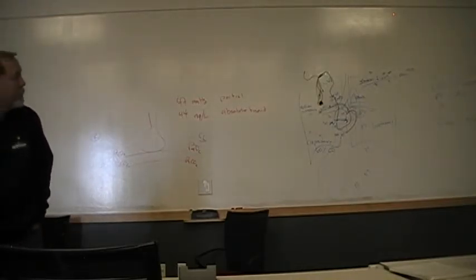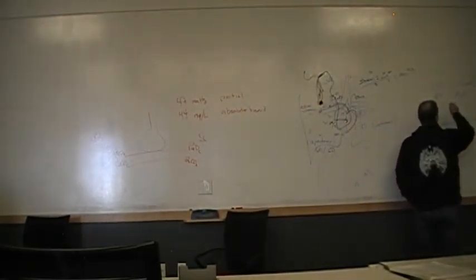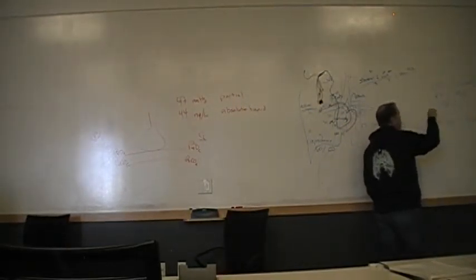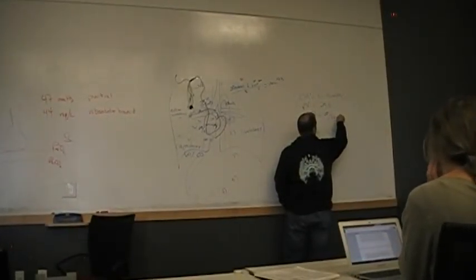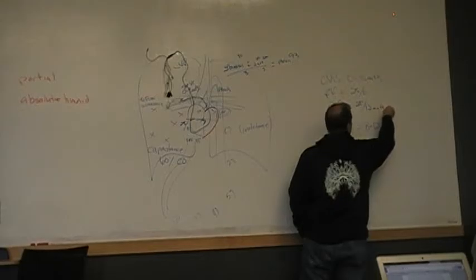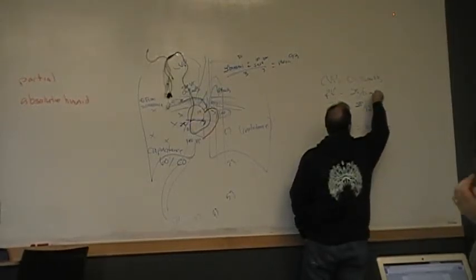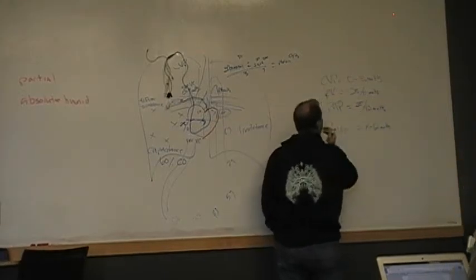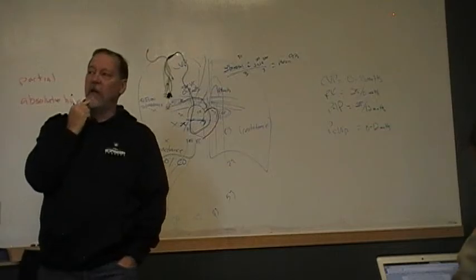Let's see, I should probably define pulmonary artery pressure, or PAP, usually 25 on systole over 12 millimeters of mercury. So we have an idea of what these pressures are, how they're generated, and what they mean.